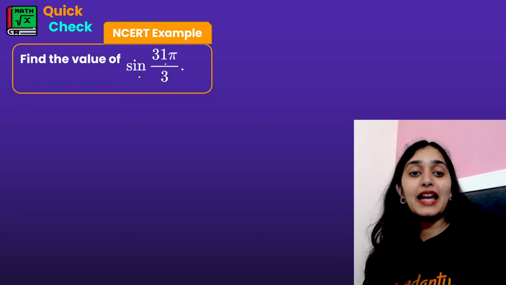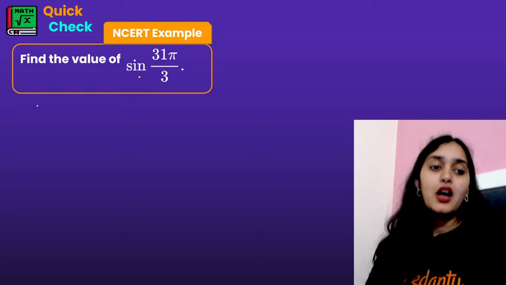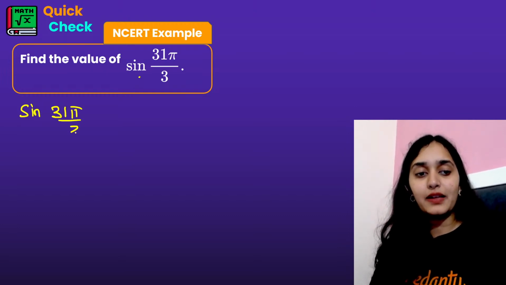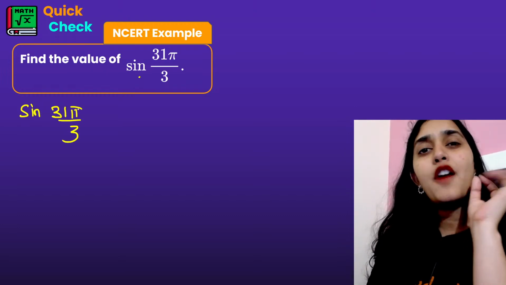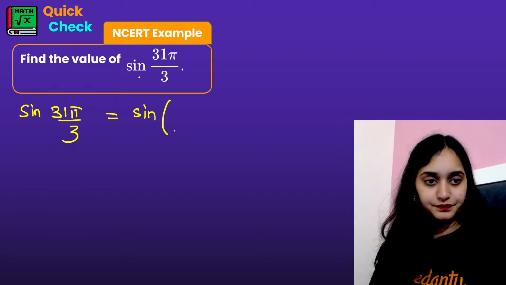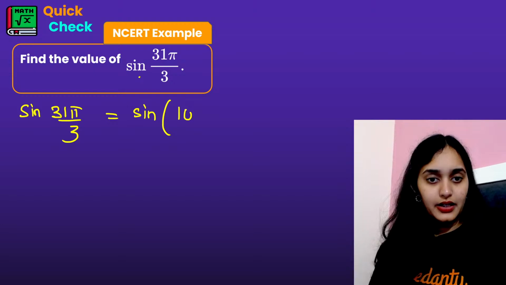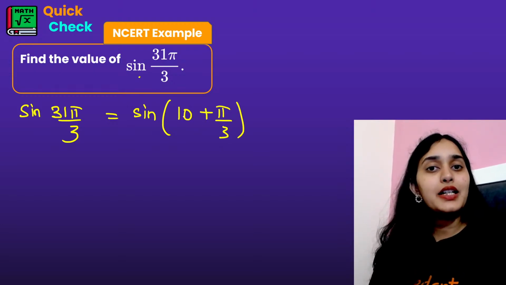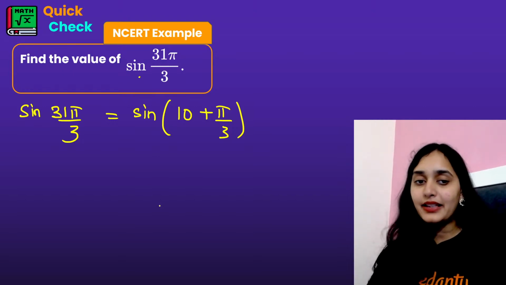Next question. Find the value of sine 31 pi by 3. Now, can I write it as a multiple of 2 pi? Let's see. I can write this as sine of 10 pi plus pi by 3, because 3 tens are 30, 30 plus 1, 31 pi by 3.